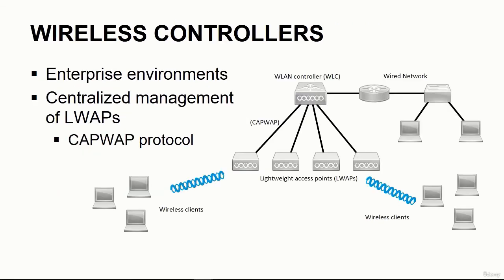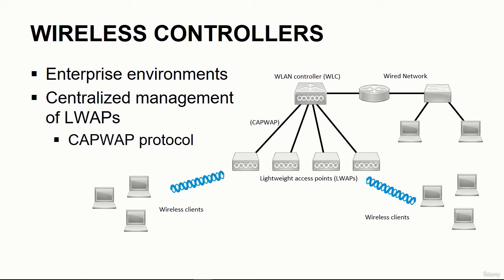Now, in large enterprise environments, the wireless network must span an enormous area and could be hundreds, thousands, or even tens of thousands of hosts, and it would be impractical to deploy hundreds or thousands of autonomous access points. Each of these autonomous access points would have to be separately managed and would have to advertise their own network.